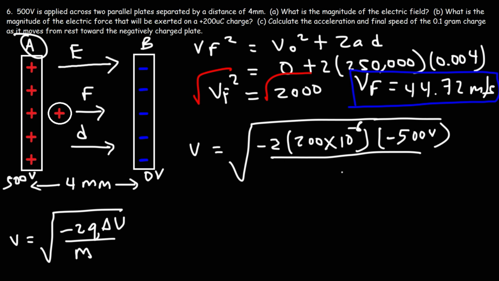And then we're going to divide it by m, which is the mass, and that's 0.0001 kilograms. So go ahead and plug that in. So this will give you the same answer, 44.72 meters per second.